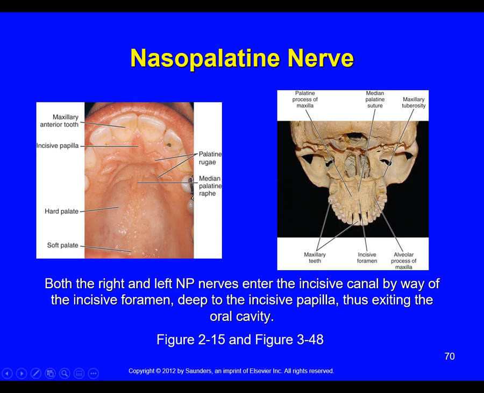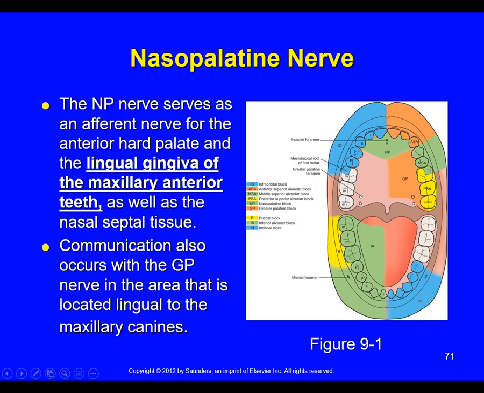So here's a picture of our incisive papilla, and it's covering our incisive foramen, and the nerve going through there, the nasopalatine nerve, is going to innervate that whole triangle section that is the anterior hard palate.